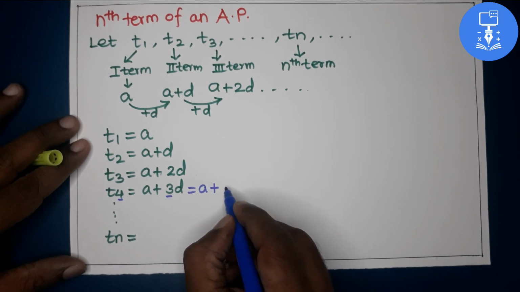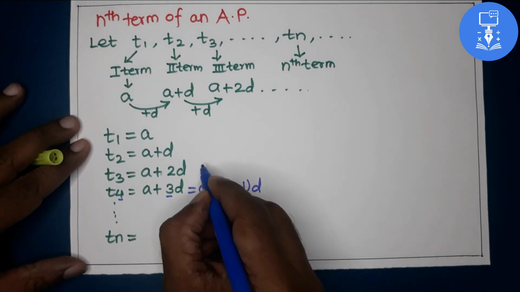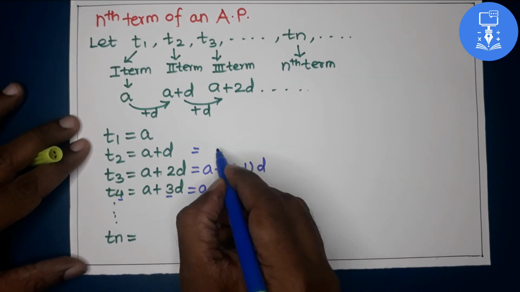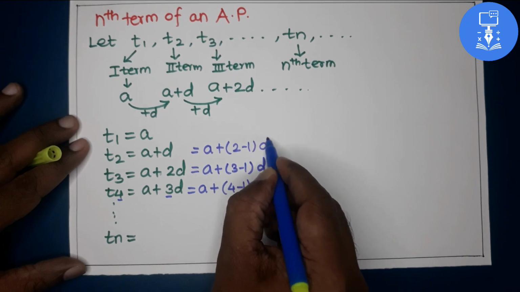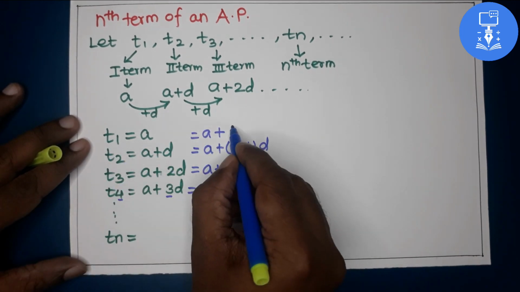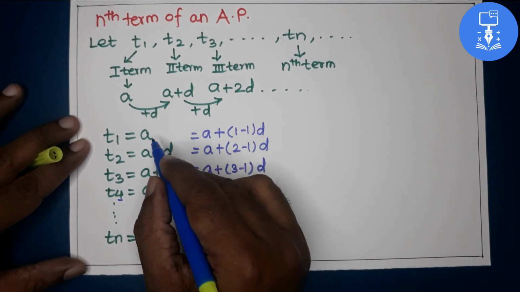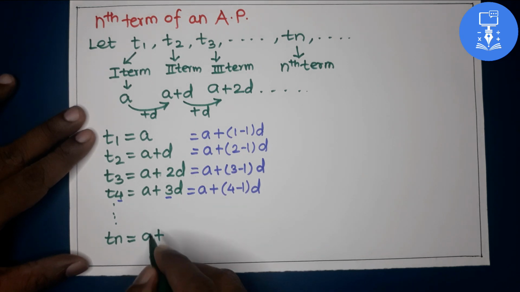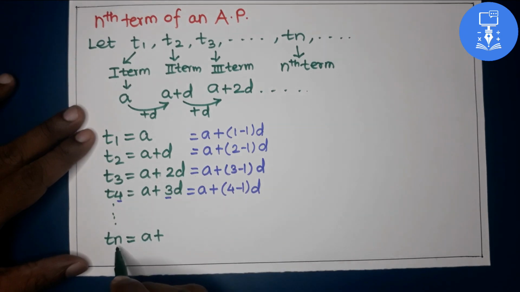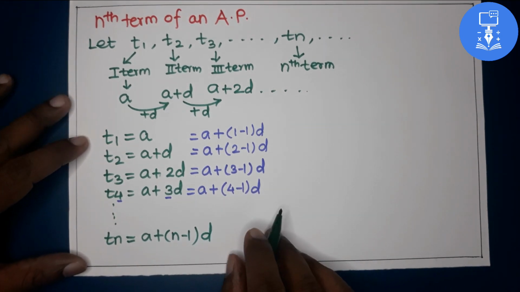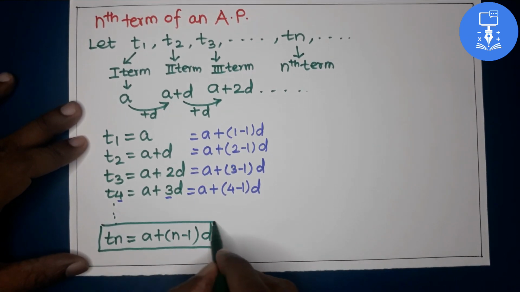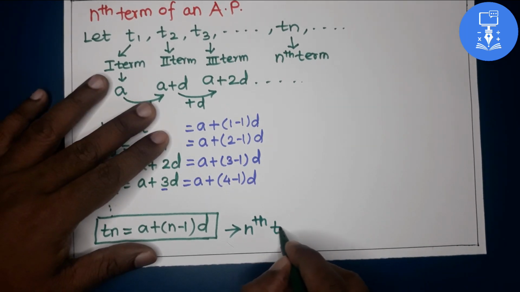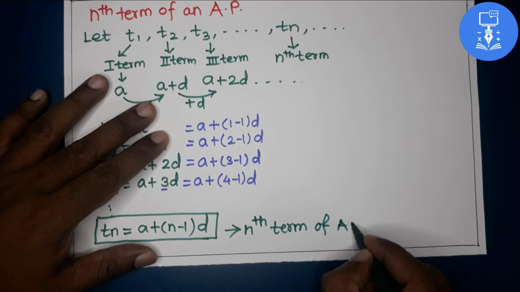We can write it as A plus (4 minus 1) D. Similarly, here we can write A plus (3 minus 1) into D, here A plus (2 minus 1) into D, and obviously here we get A plus (1 minus 1) D, that is 0 into D means 0, A plus 0, again we get A. In this way we can generalize this formula: for nth term we can write Tn is equal to A plus (n minus 1) D. So this is the formula for the nth term, that is the general term of arithmetic progression.